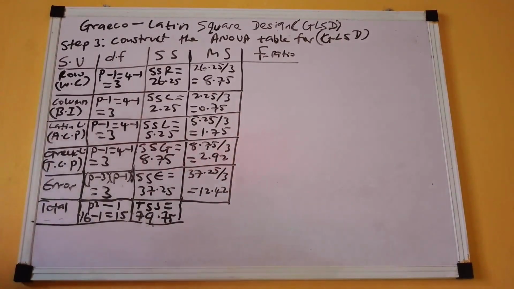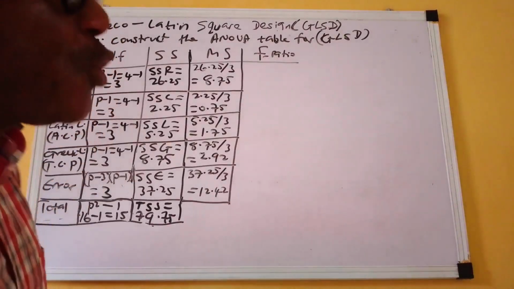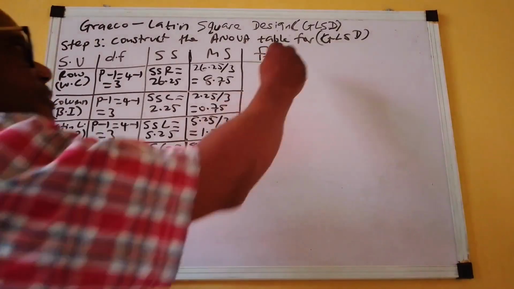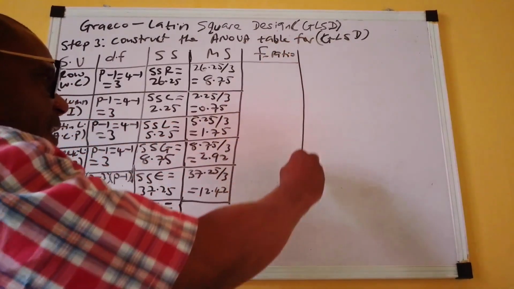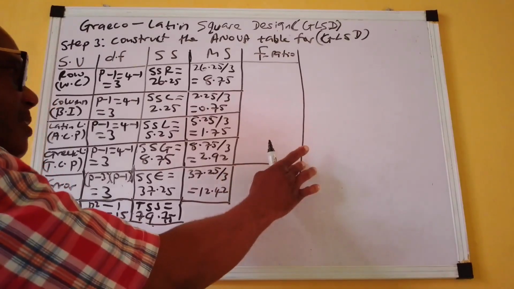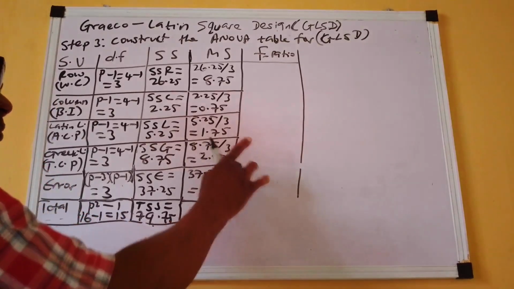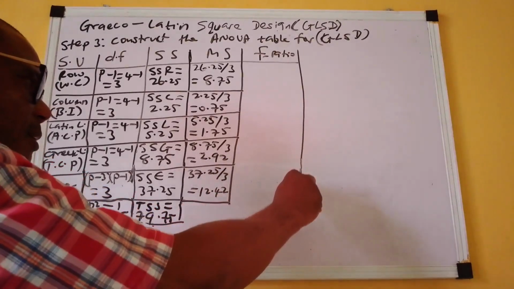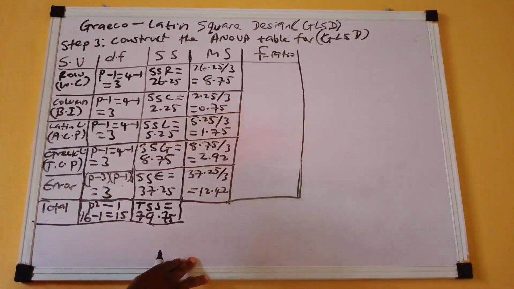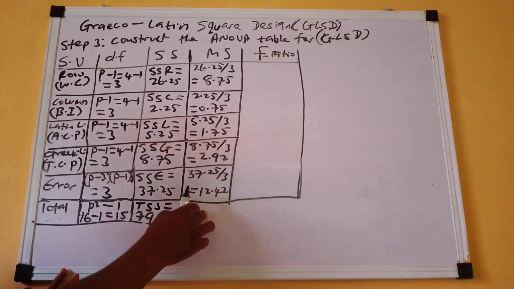So now we are going to have the F ratio for the form. How do we get the F ratio? We are going to divide by the corresponding degrees of freedom. We are going to divide by the mean sum of squares for error.